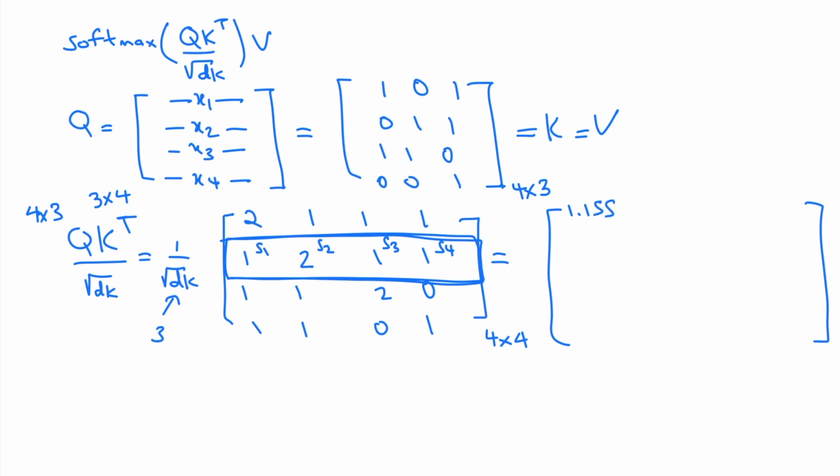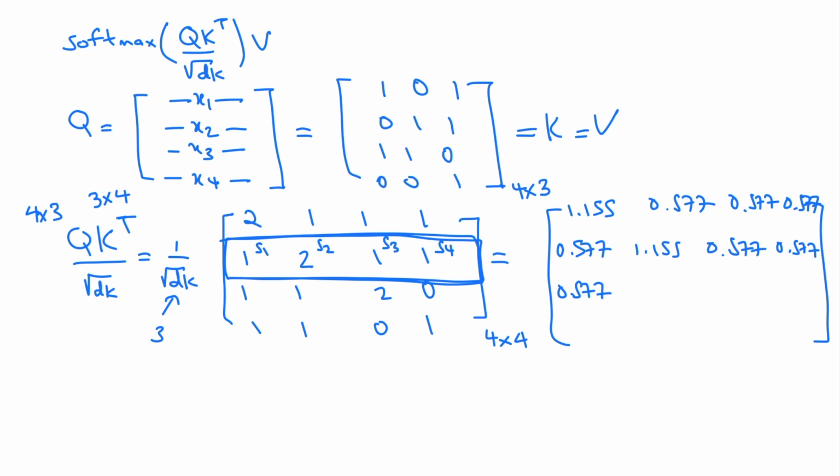And if we do here the division by the square root of the dimension, or the square root of 3, you can see that we get these values here, like for example, 2 divided by square root of 3 is 1.55. Well, one thing that again I want to emphasize is that we should look at the second row, right? Because that's exactly what we calculated in the previous slides for this value of scores divided by square root of dk.